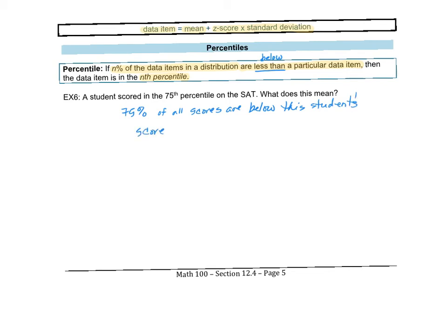Okay, so the percentile gives you the percentage below. And it's really important that we talk about the percentage below. This is going to become important in the last section that we're going to cover, which is 12.5.